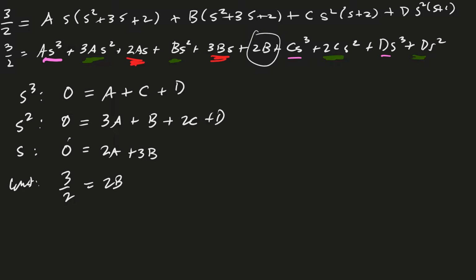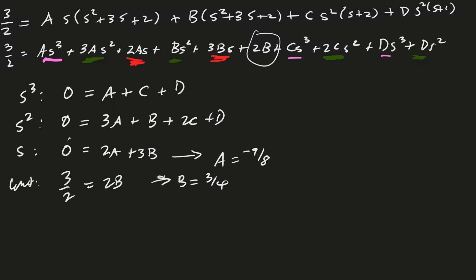So therefore, our B is 3/4. And so using the next equation, I can solve for A, and it turns out that A is minus 9/8. Do you see that?